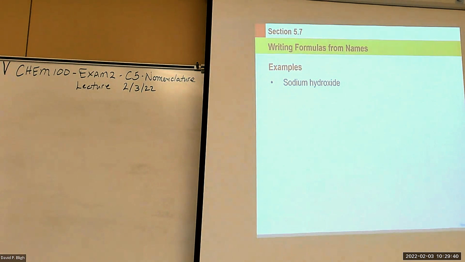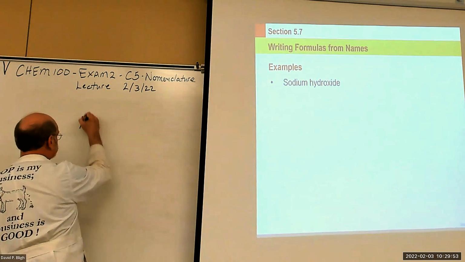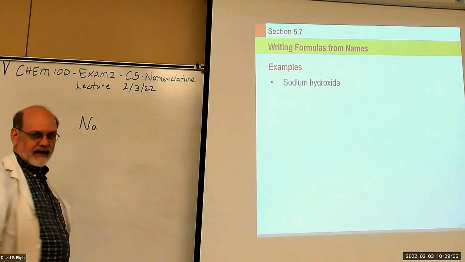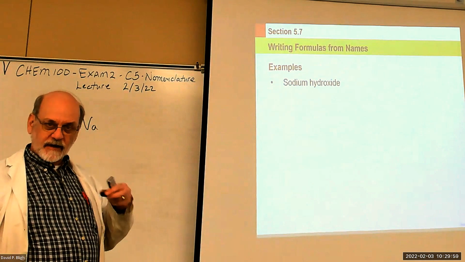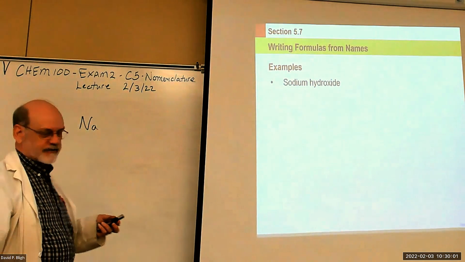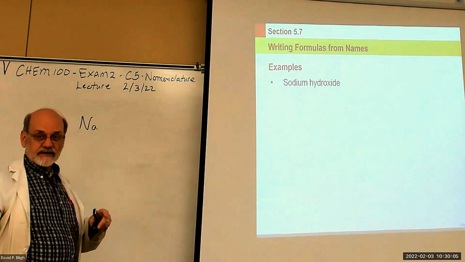All right. So we're going to practice writing formulas from their names. We know what sodium is, Na. It's not So, it's Na. It's Latin, natrium is sodium. And then hydroxide is a polyatomic ion.